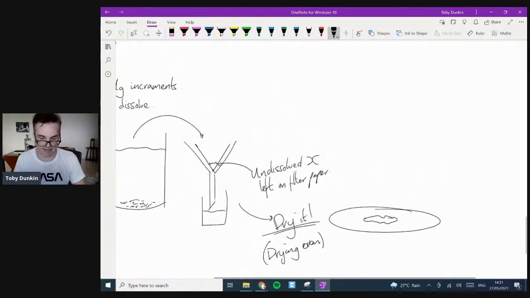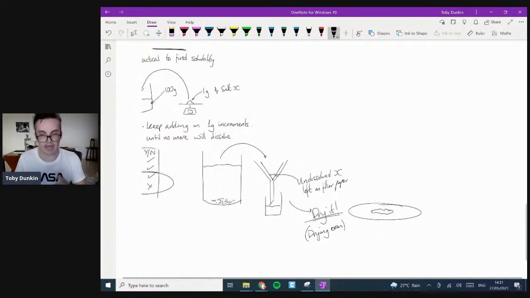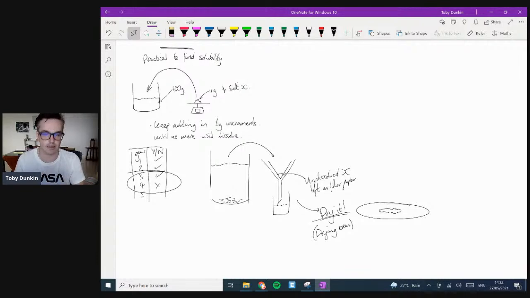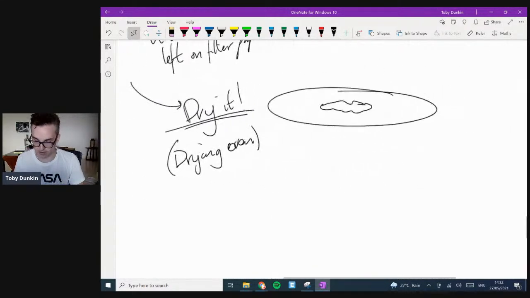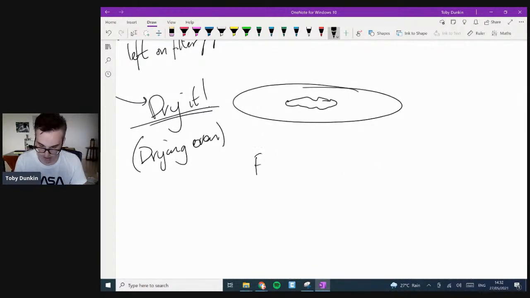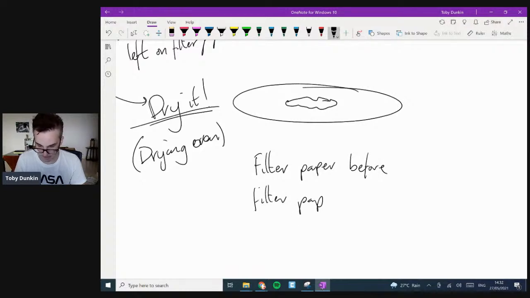Now this is where I've made a mistake in my method. I needed to weigh the filter paper before I used it. So I need to make sure I record the filter paper before and the filter paper after: filter paper and X solid.